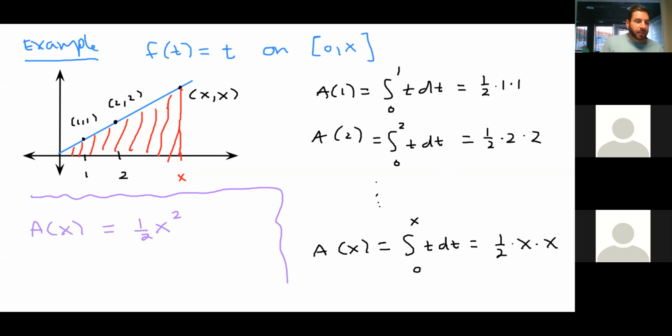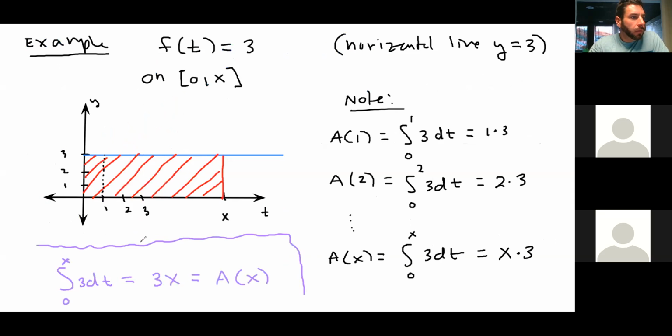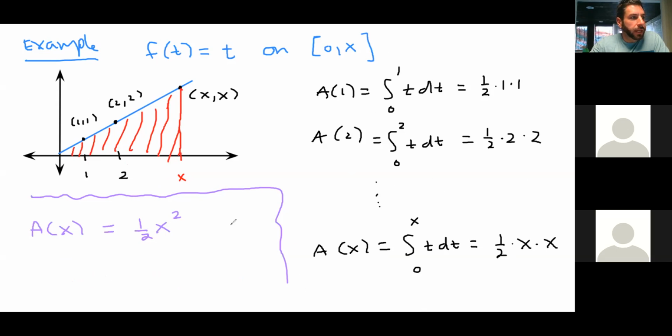Chaos. All right, so I want to do one more of these, but I want you to recognize the pattern that in this first example, there's a connection between what's inside the integral and the actual area. In this example, there's a connection between what's inside the integral and the area.